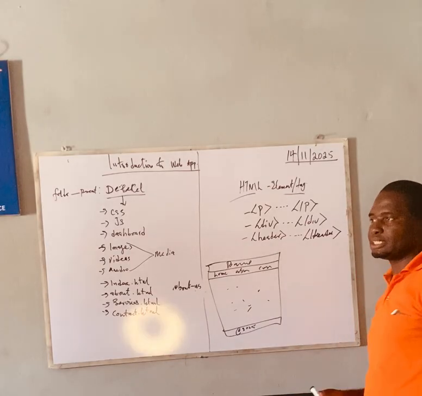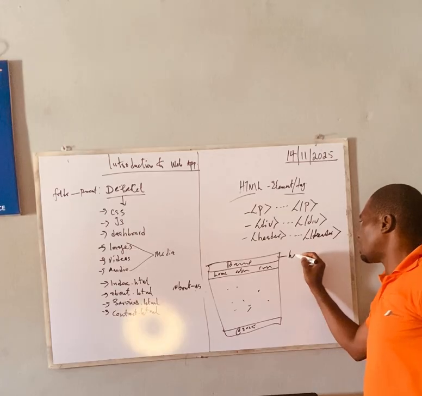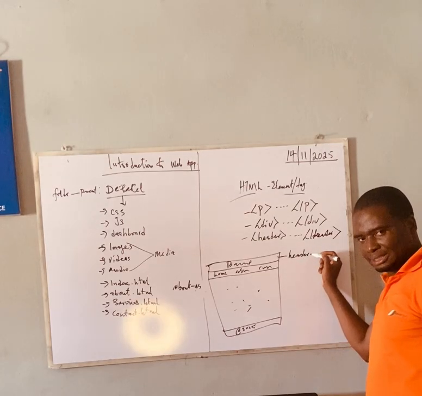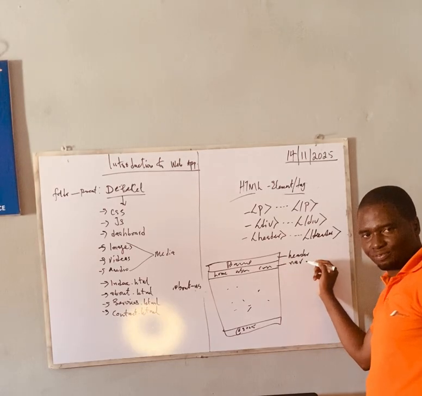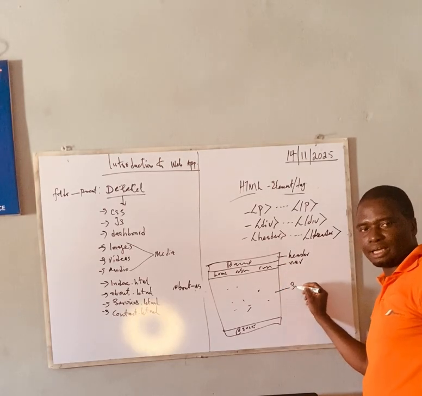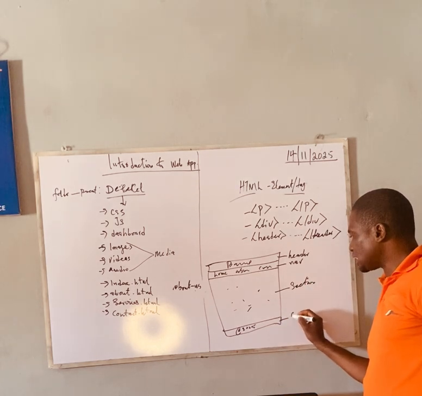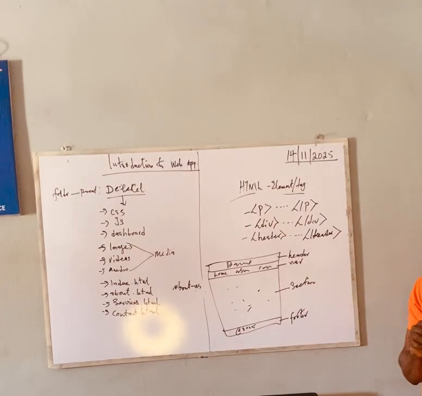So now, HTML5 semantics says that here is our header. Are you getting? Here is our nav. Here is our section. Are we getting? Here is our footer. That is HTML5 semantics. Are we together?